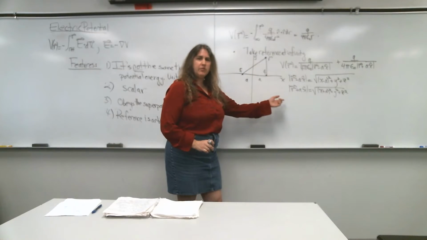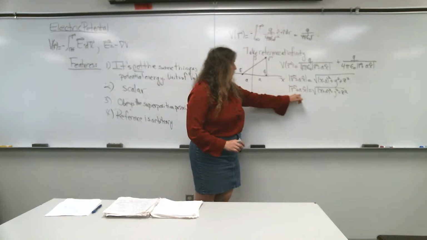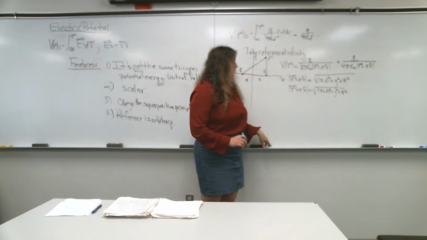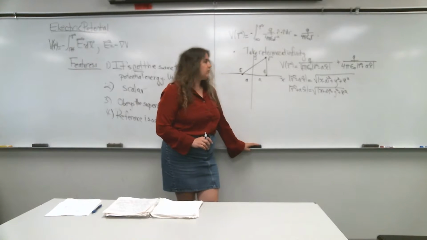And the magnitude of the separation vector between r and the second charge, r plus a x hat, is equal to the square root of (x plus a) squared plus y squared plus z squared.